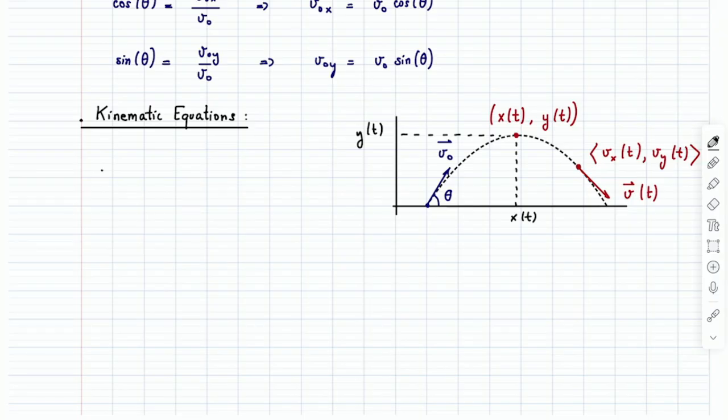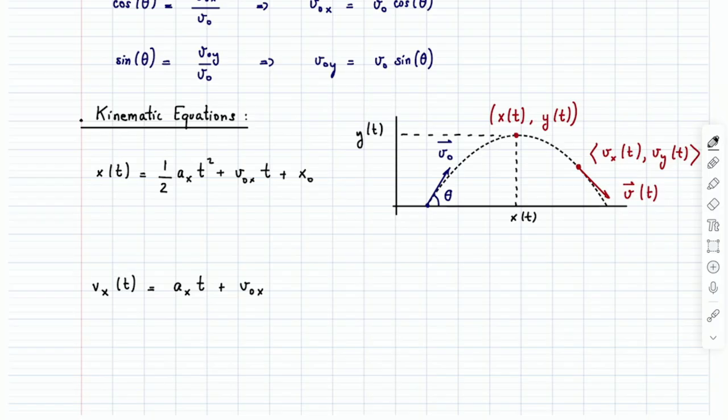We said that x of t is going to be 1/2 ax t squared plus v naught x t plus x naught. And then vx of t is just equal to, it's the derivative of this, but it ends up being ax t plus v naught x. Now that was last week.